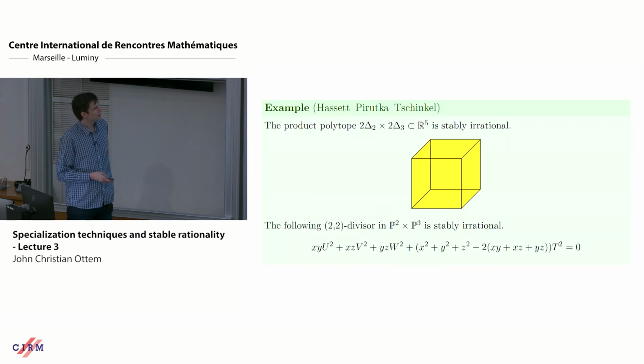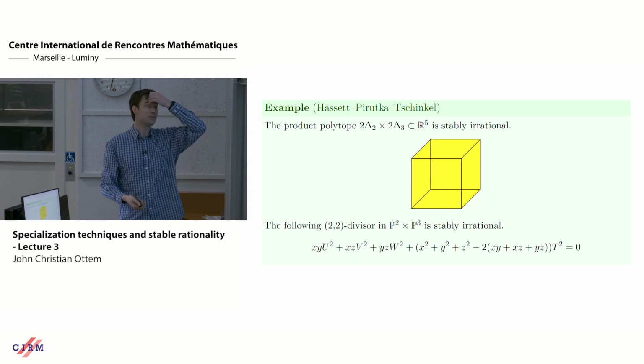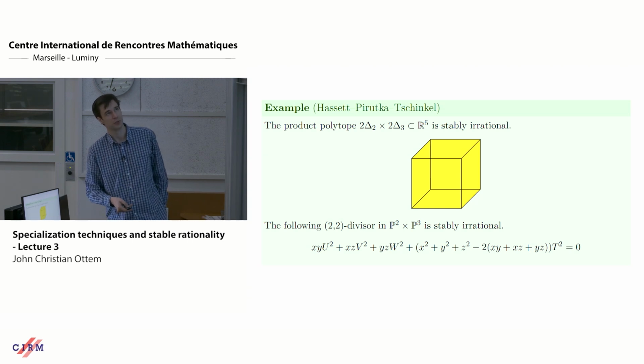Okay, so here's one interesting stably irrational polytope. It's this product polytope. You take 2 times the polytope of P2 and 2 times the polytope of P3. The product would be the polytope of P2 cross P3. And Hassett-Pirutka-Tschinkel proved that that's a stably irrational polytope.